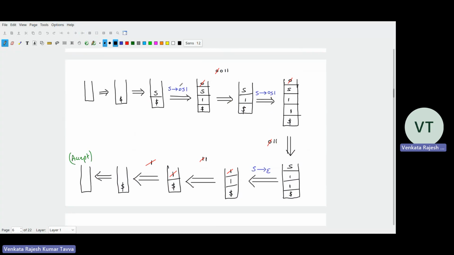So you try to replace this LHS with all the possible right-hand sides and take different branches. So every possible right-hand side will be a new branch. So you try all the branches parallelly. Again, for each of those branches, you try all the branches parallelly, and so on. So if even one of these branches ends up in the accept state, the string is said to be accepted. Otherwise, it is rejected. Okay.